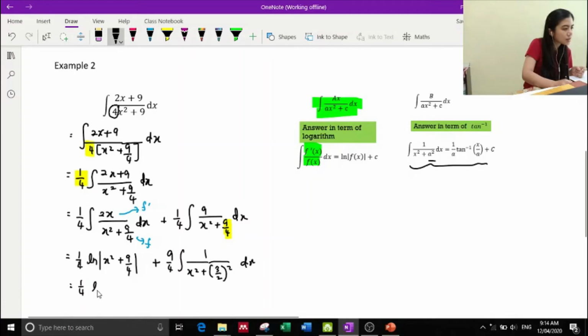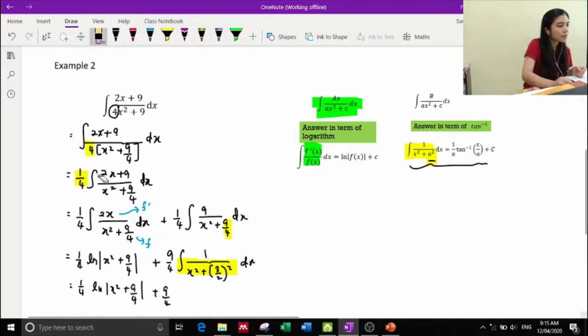Okay, let's continue the next line. So this is already the answer for the ln, so we just copy back, and then it's 9 over 4, and we'll apply that formula that we see here. That is this one. So we have the answer that is in terms of tangent inverse. Oh sorry, it will be 1 over a first, right?